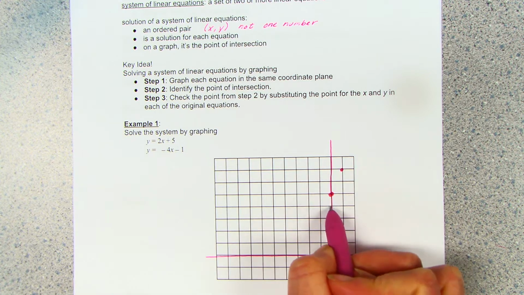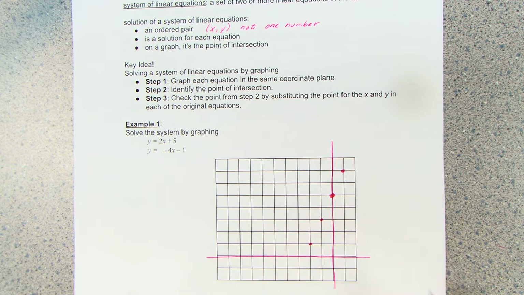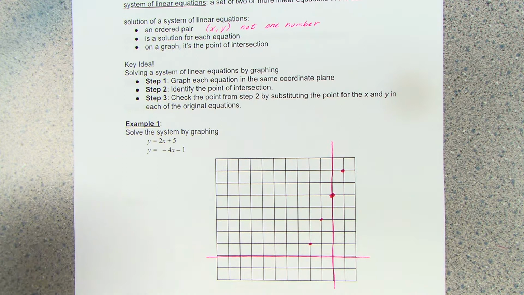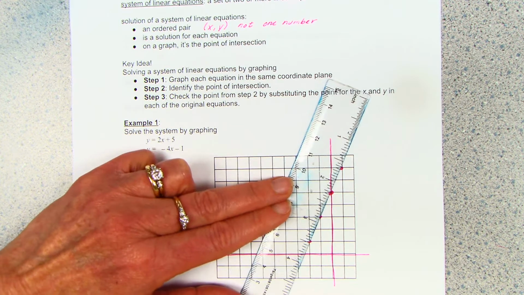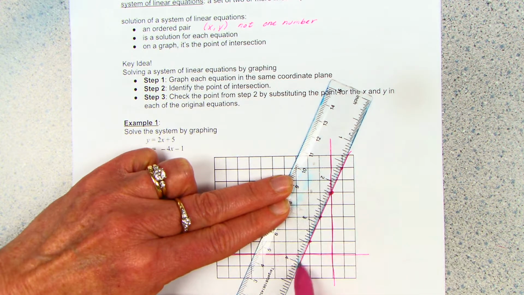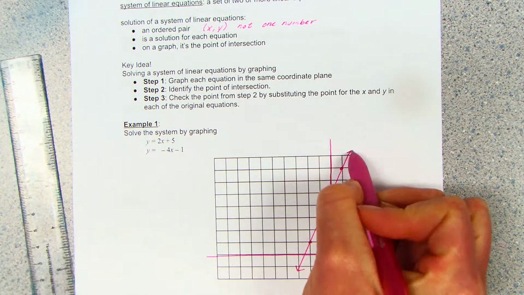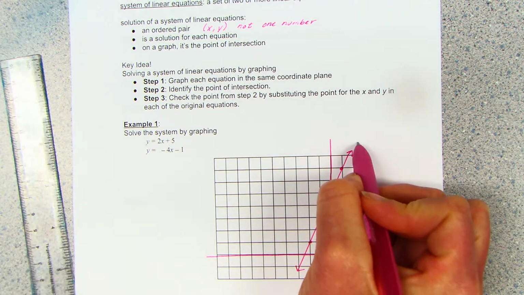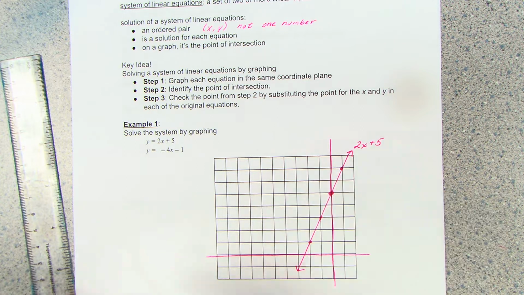But I can also go down 2, back 1, down 2, back 1. Okay. Draw that on. And this one is y equals 2x plus 5.